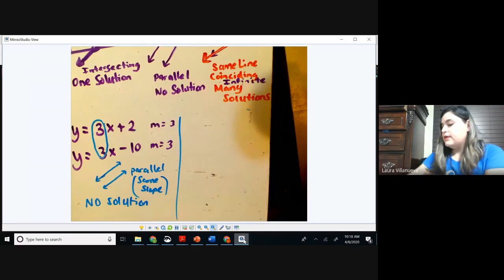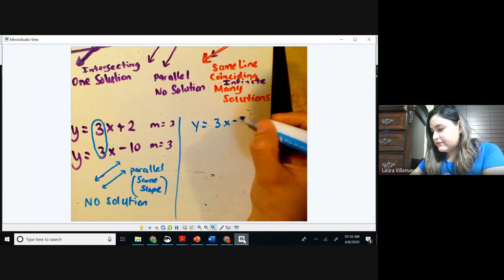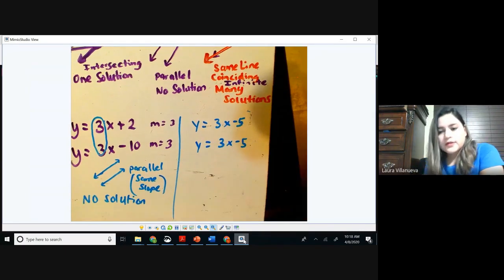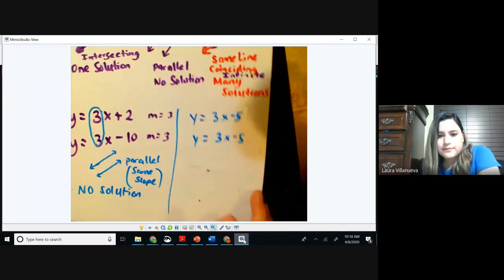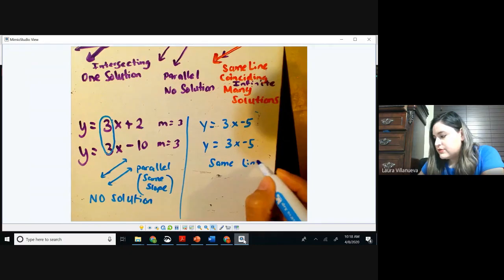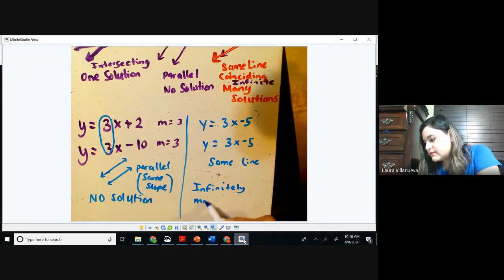All right. If you have y equals 3x minus 5 and y equals 3x minus 5, this one is exactly the same. These are exactly the same line. So that one is infinitely many solutions.